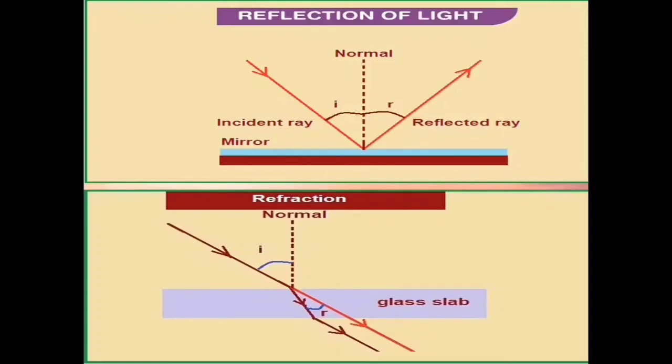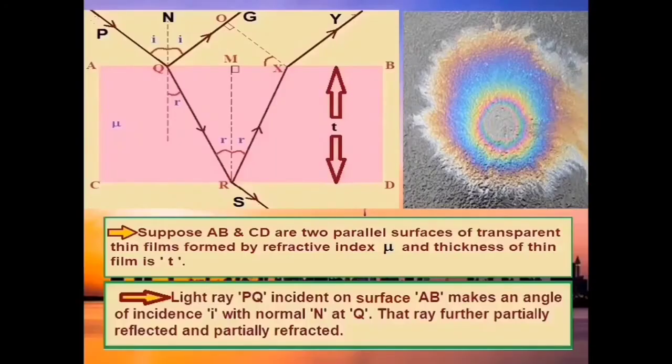Now we will see the ray diagram. In the ray diagram, suppose AB and CD are two parallel surfaces of a transparent thin film of refractive index mu, and the thickness of the thin film is denoted with the letter t.